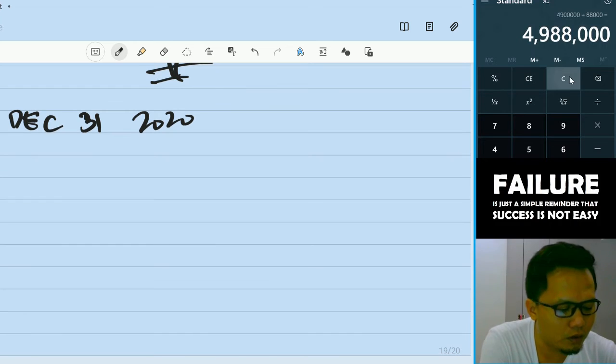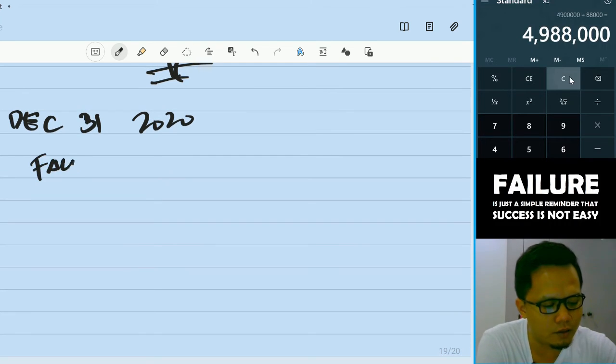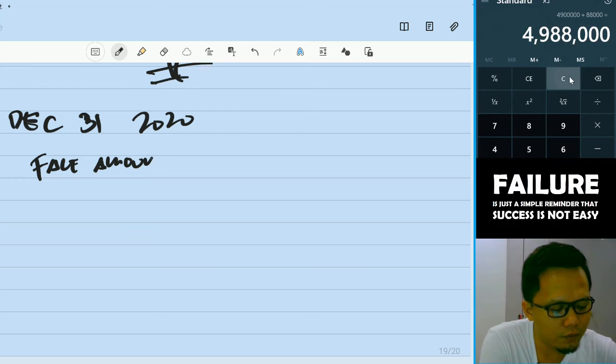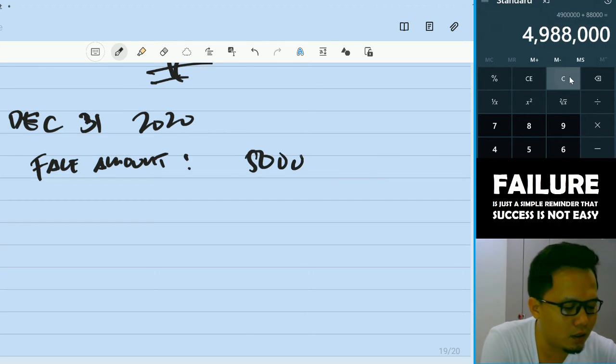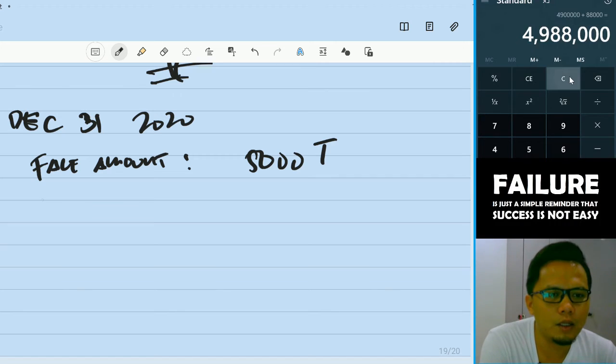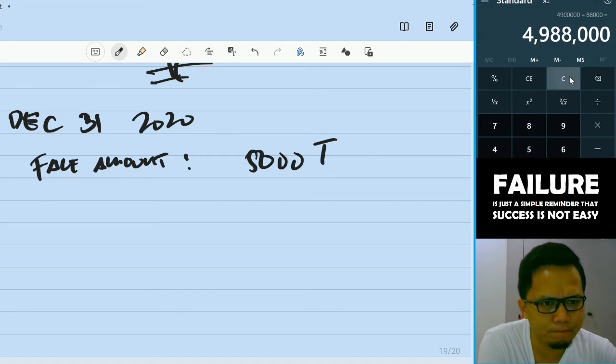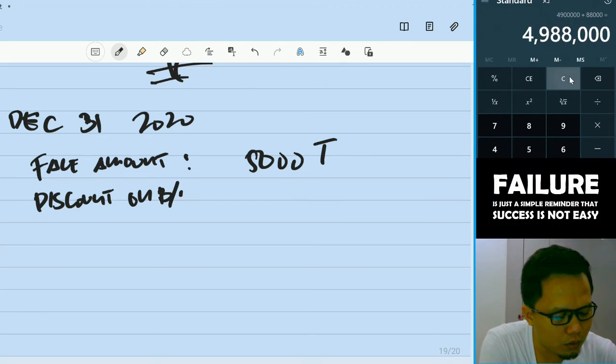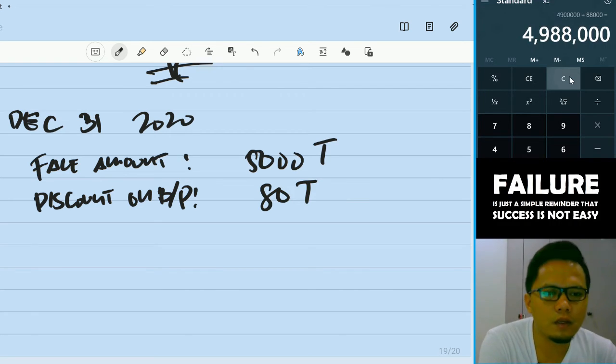Continuing with our December 31, 2020, we have a certain convertible bonds whose face amount is still at 5 million. And then the balance of the discount on bonds payable, let's say, 80,000.